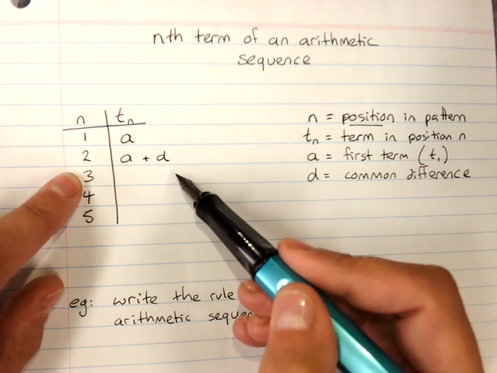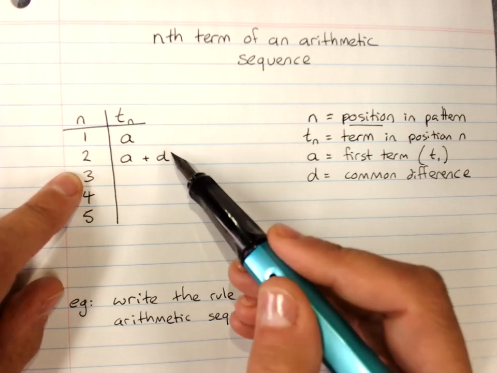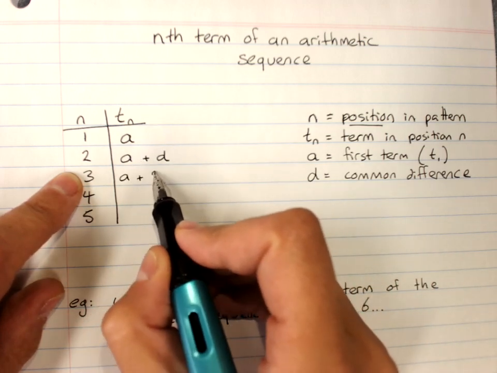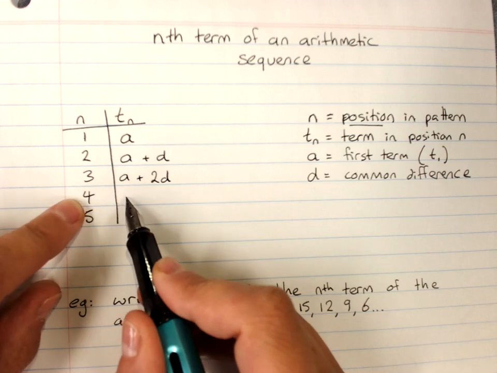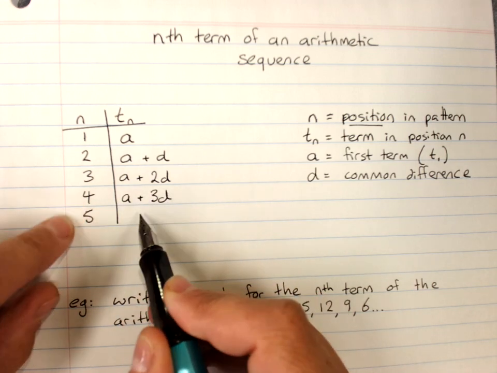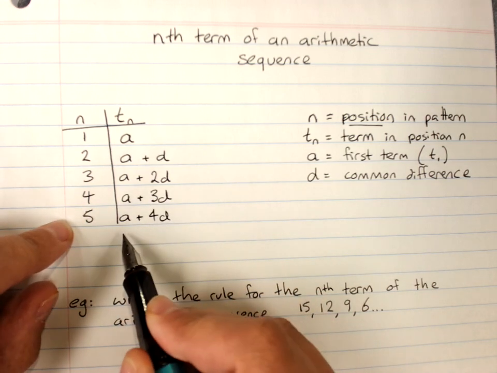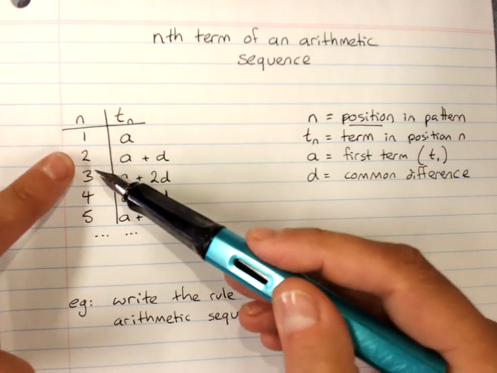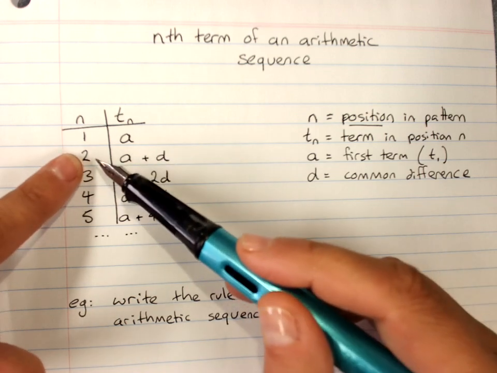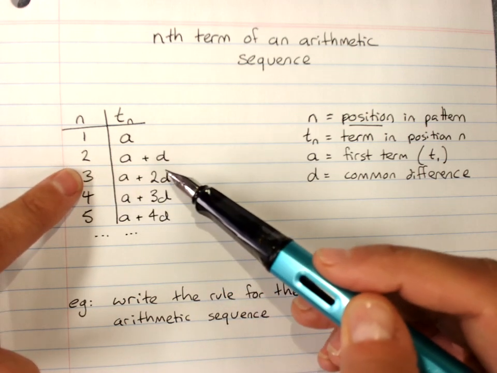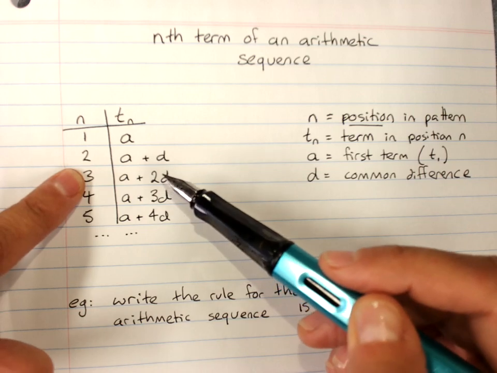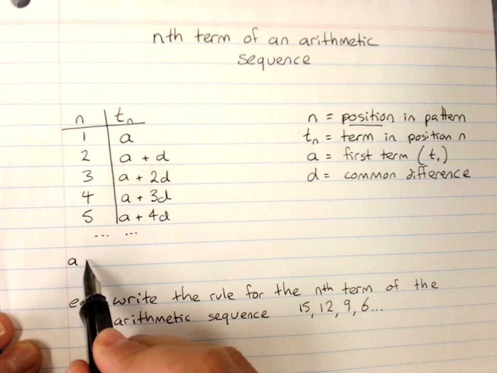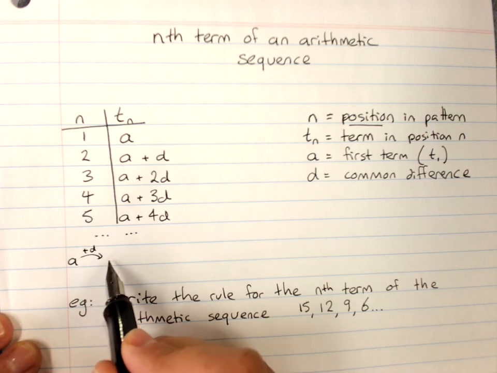Then to get to the next term, I'd add another lot of the common difference, so plus another D. That would be A plus 2D. This would be A plus 3D, A plus 4D, and so on. You'll notice that for the position of the term, I need one less than that to get the number of common differences, because I start with A, and then to get to the next term, I add one lot of the common difference.